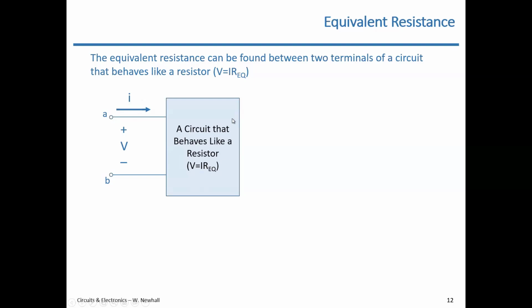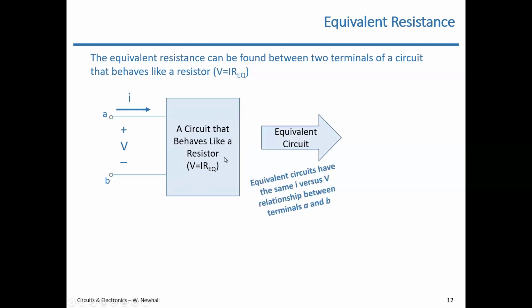So if I have this circuit and I can draw an equivalent circuit that has the same I versus V relationship between terminals A and B, then I can say that circuit is equivalent. So if I have a resistor over here, Req, and I apply V and measure I, and I do the same thing to this more complicated circuit on the left, and I get the same relationship, V equals I Req, then the left circuit and the right component are equivalent.